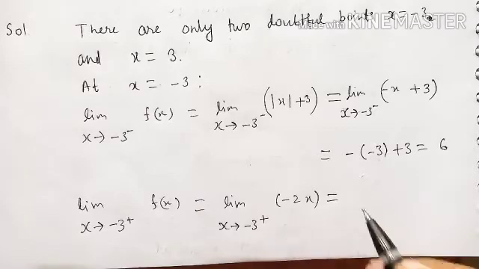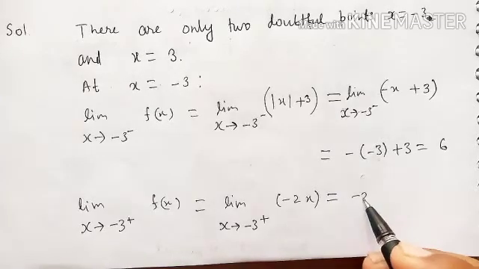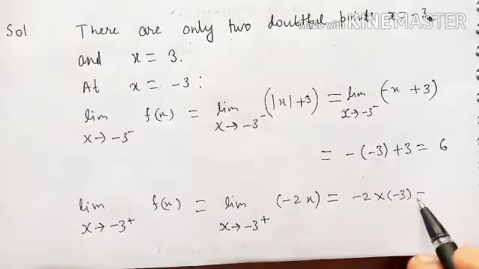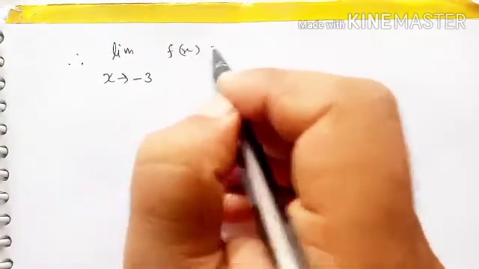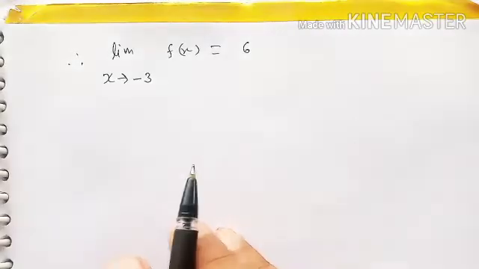Then f(x) is minus 2x, so minus 2 into minus 3. This is 6. We see that the value of the limit is 6. Therefore, limit as x tends to minus 3 of f(x) is equal to 6.